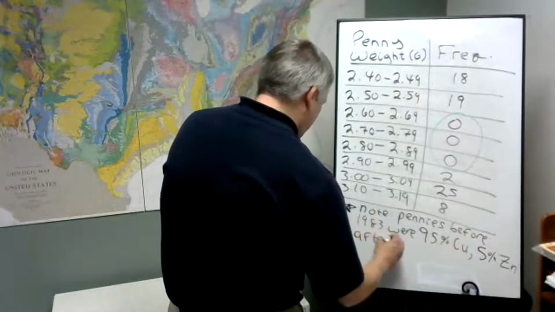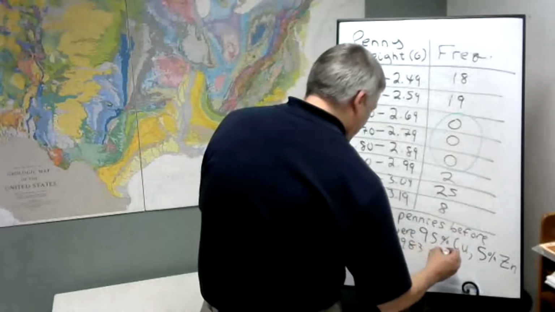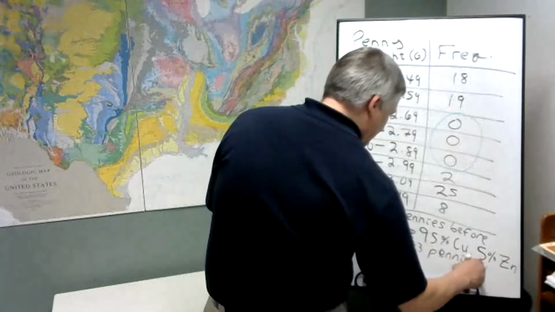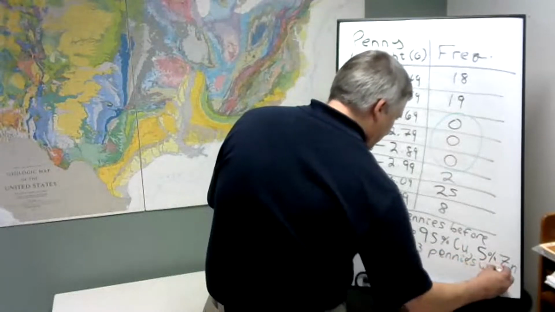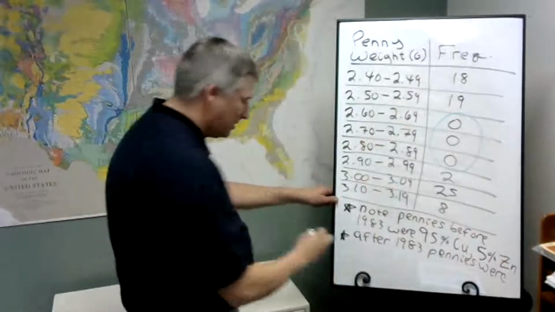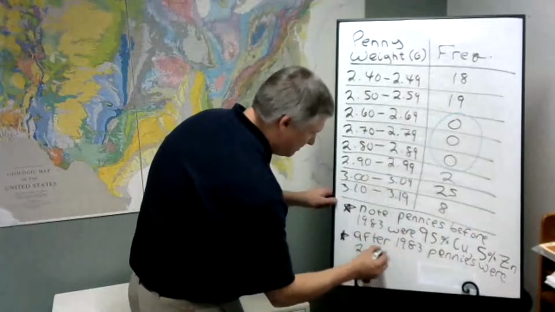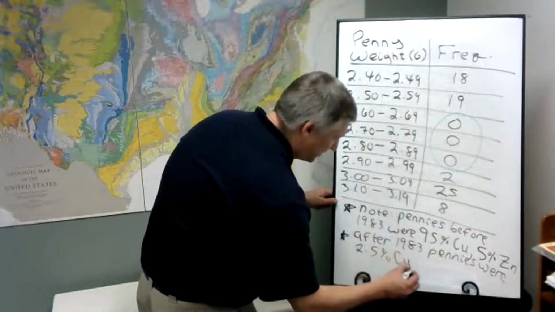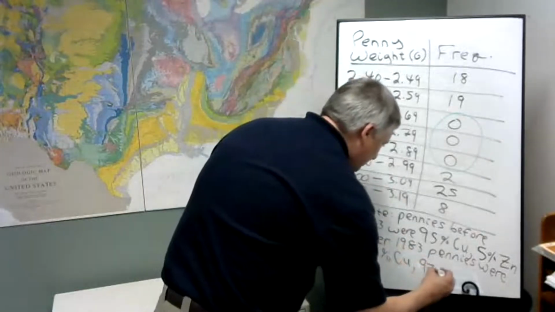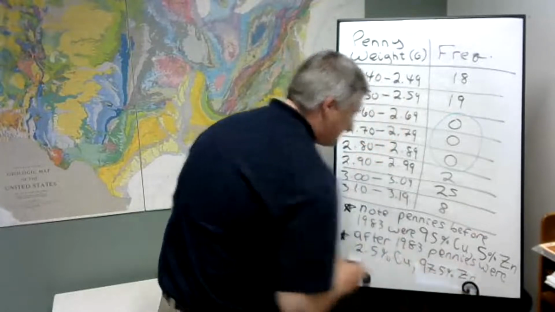After 1983, pennies were 2.5% copper, cupric, and 97.5% zinc.